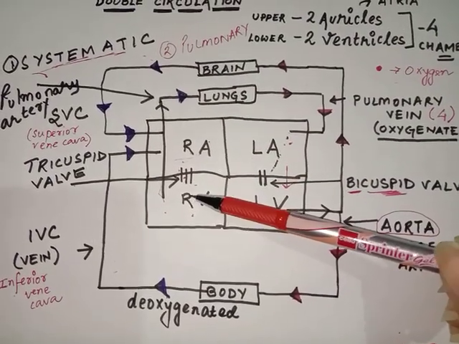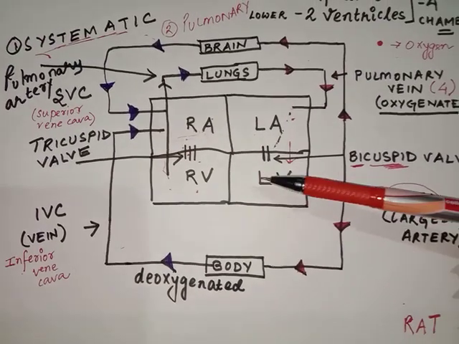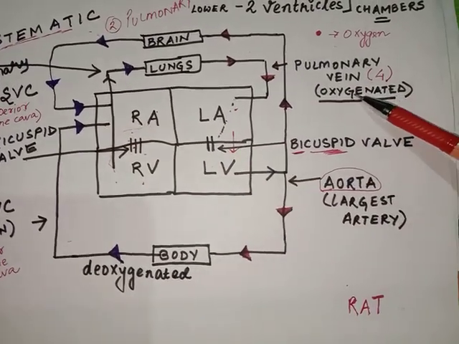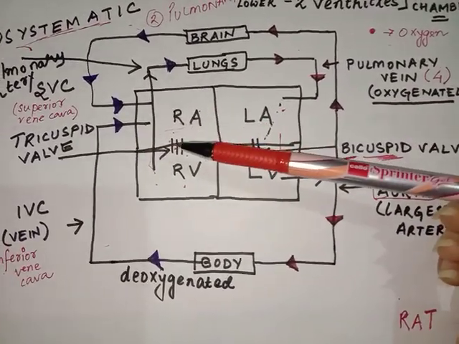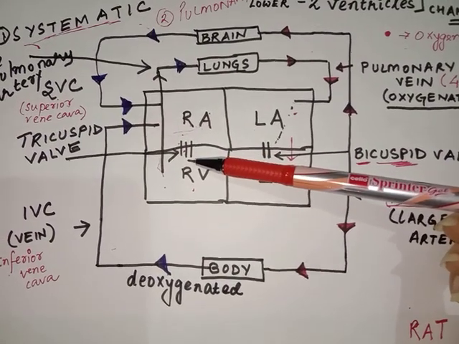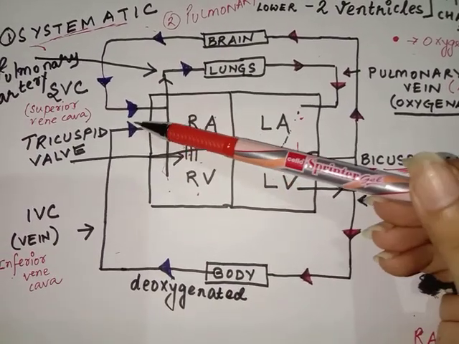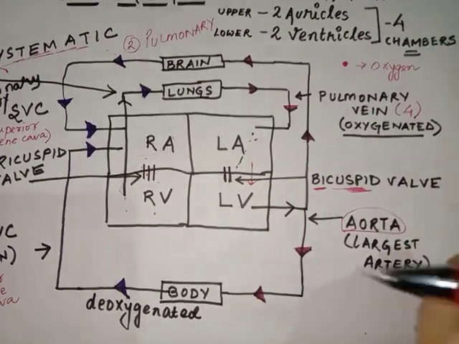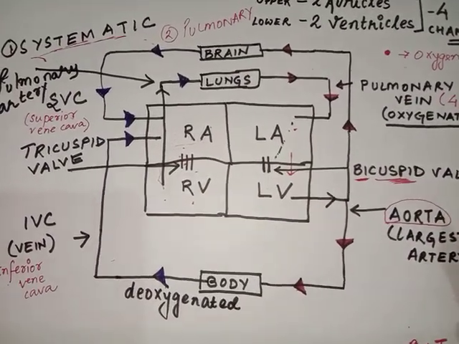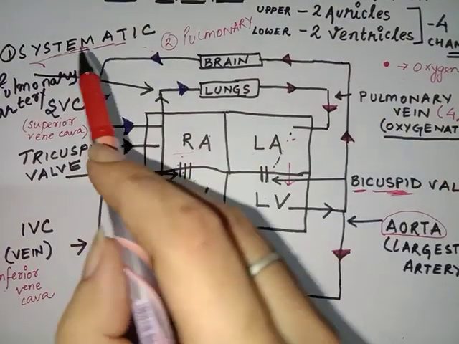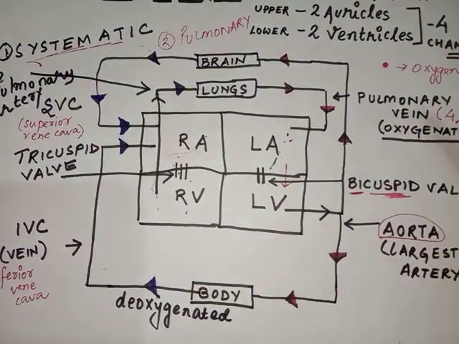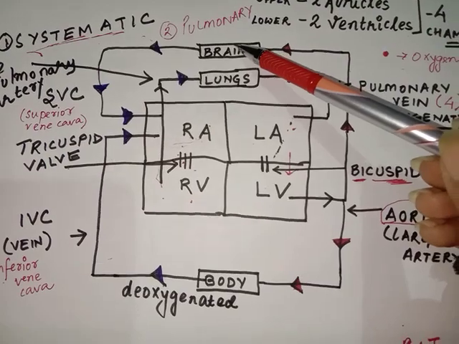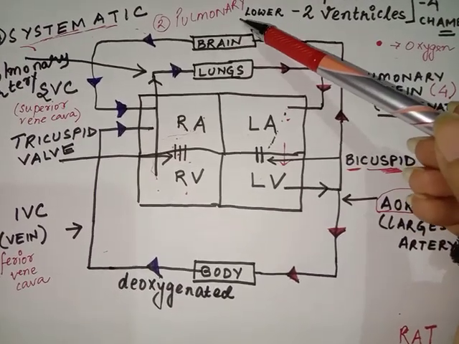The left side deals with oxygenated blood, and the right side with deoxygenated blood. So this is called double circulation. Why double circulation? Because of the presence of two kinds of circulation: systematic and pulmonary.